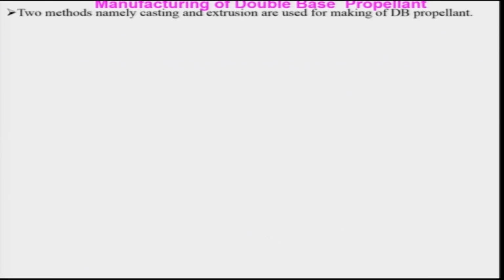Let us now look at how to manufacture a double base propellant. There are two methods, namely casting and extrusion, generally used for making double base propellant.